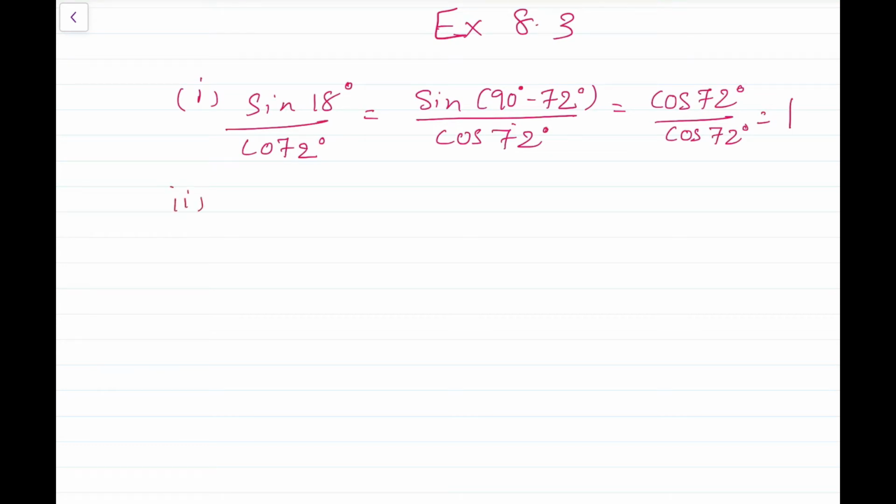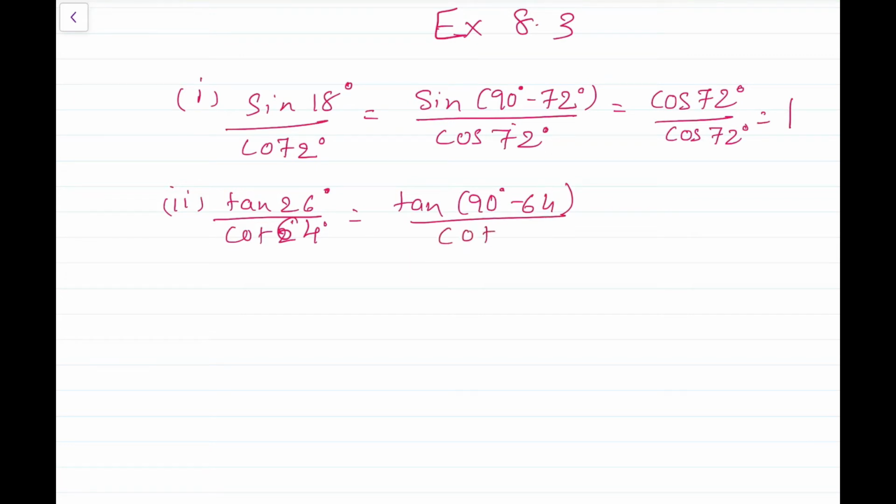Second one, tan 26 degrees upon cot 64 degrees. Then I can write tan (90 degrees minus 64) upon cot 64 degrees, which is equal to cot 64 degrees upon cot 64 degrees, which is equal to 1.